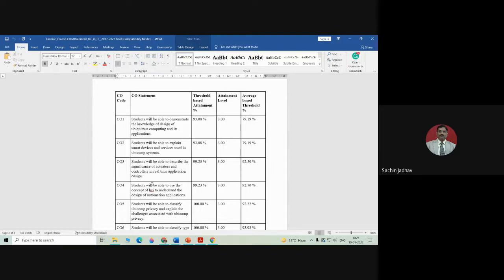In the 50% internal assessment, we have unit tests, enjoyable learning activities like the digital poster presentations we told you about, and theory assignments, and your response to those assignments. How much you have understood can be measured through unit test marks, in-sem marks, and end-sem marks.